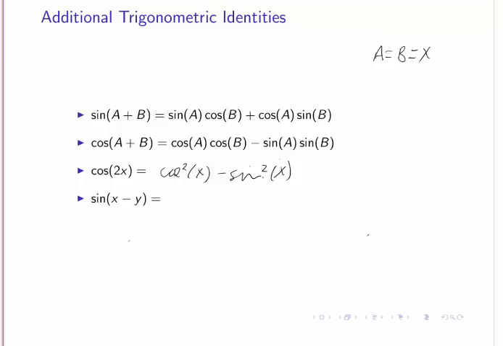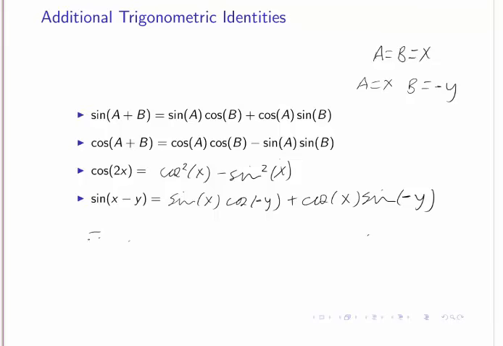If we looked at sine of x minus y, we'd use the first formula, but then we'd set A is equal to x and B is equal to minus y. And so our formula would be sine of x cosine of minus y plus cosine of x sine of minus y.